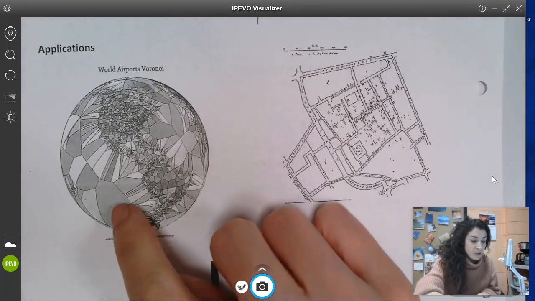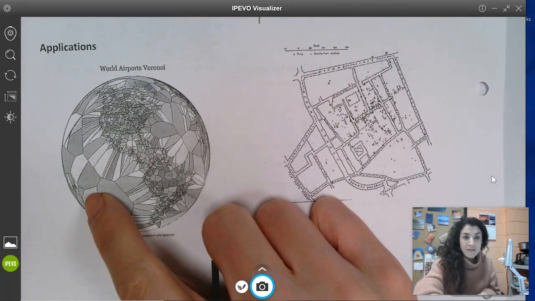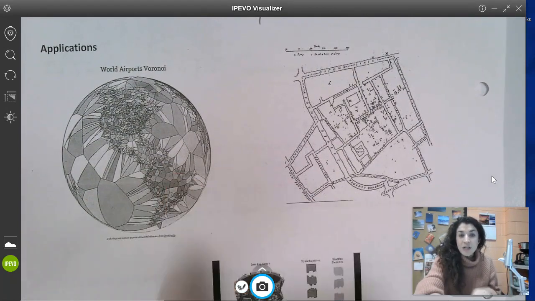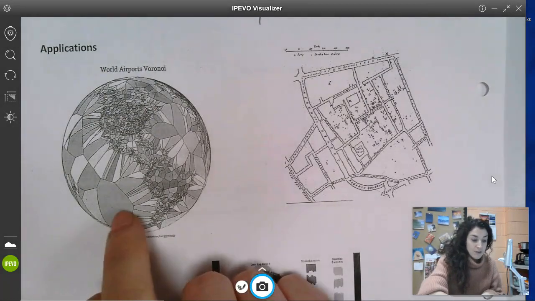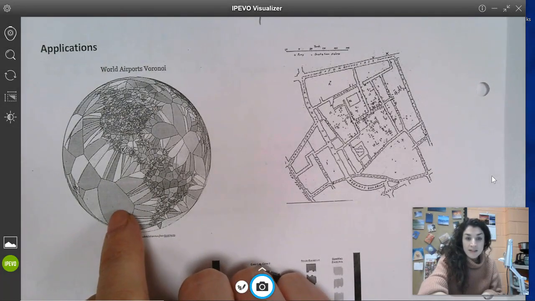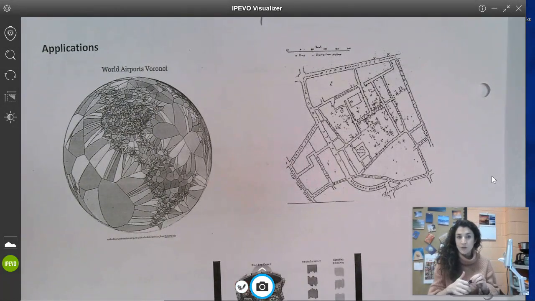So you can see there's a site right here and there's a site right here and sites in the center here. Those are all airports, and then each cell around it is saying, okay, if you're anywhere within this cell, this airport is the closest airport to you, which is kind of cool.